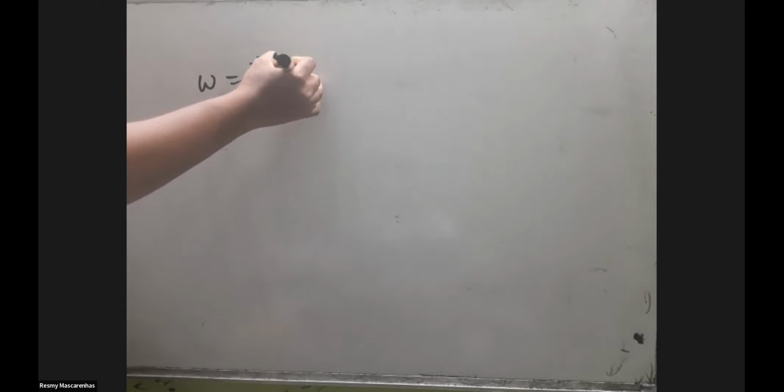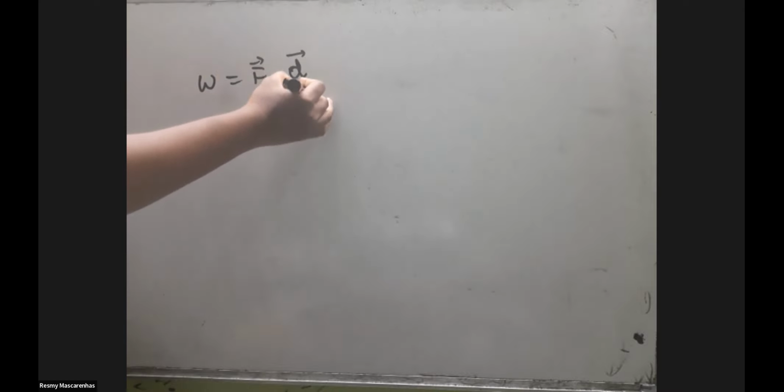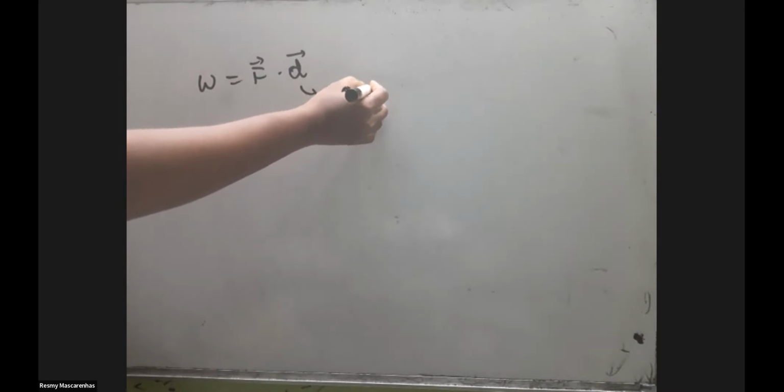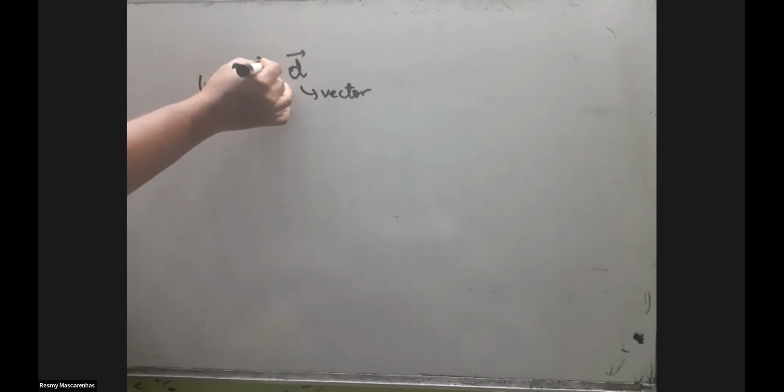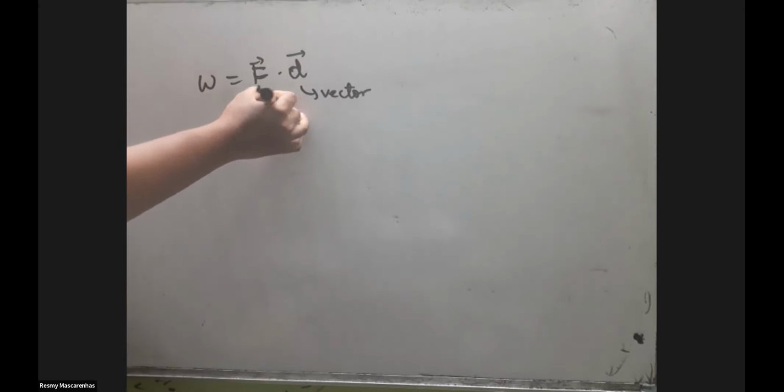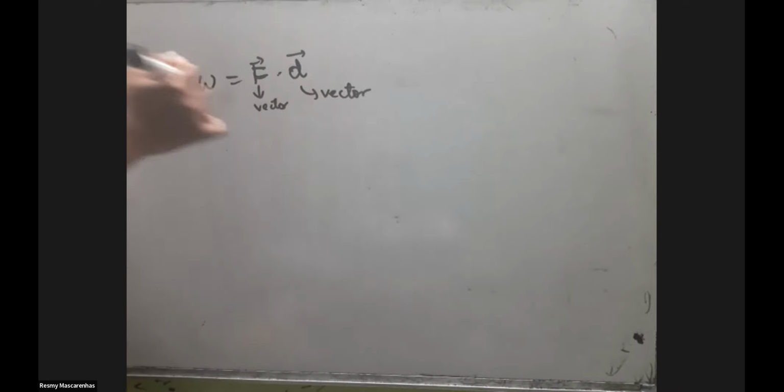What is the work formula? Work is nothing but force into displacement. Force is also a vector, but the dot product of two vectors is always a scalar. We have studied that. What is a dot product?